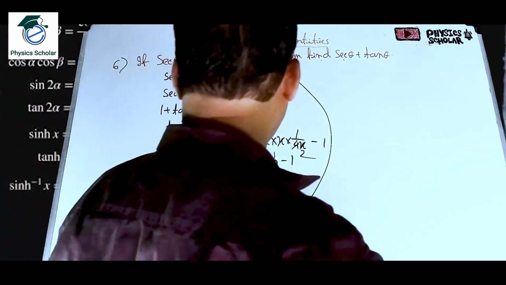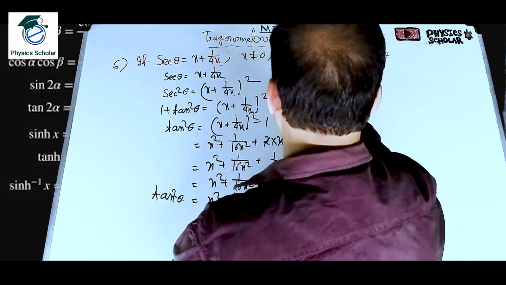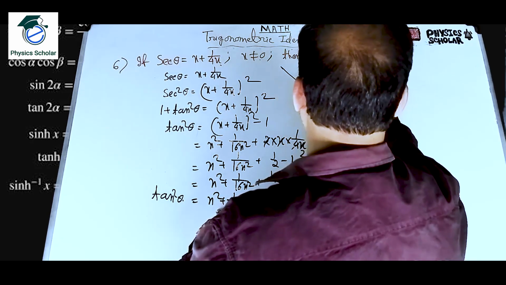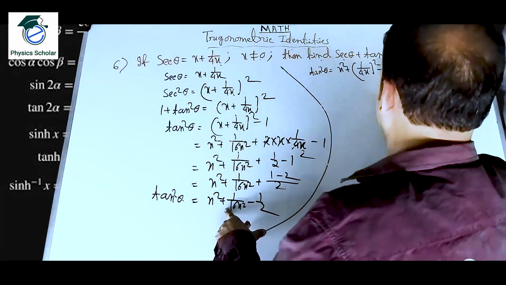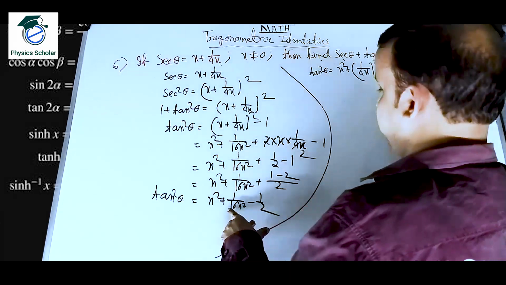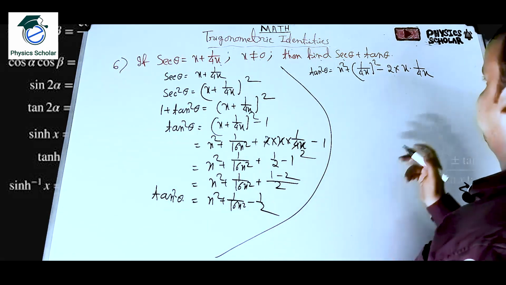Again, we can write tan square theta. Tan square theta is equal to x square plus 1 by 4x whole square, okay, minus 2 into a into 1 by 4x. That means what? Minus half. This will be cancelled. Then it will be what? Minus half. Okay.